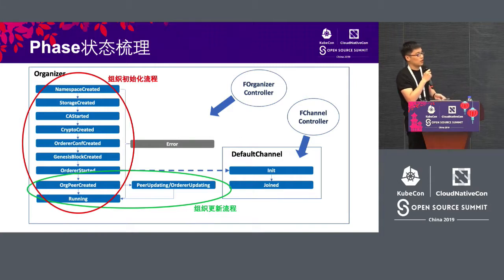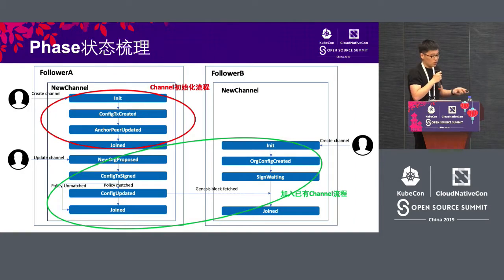Marking it as running means some fields cannot be modified. For example, the name of the organizer cannot be changed, but the peers or the orderers can still be modified. If there is any abnormality, the controller will feed back to the work queue, and if there are too many failures, it will mark it as error.